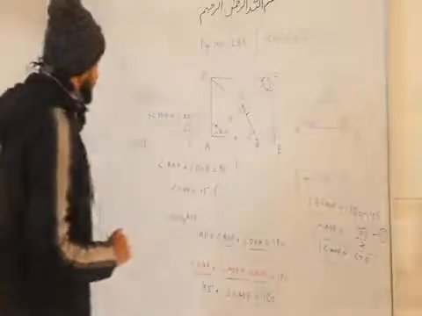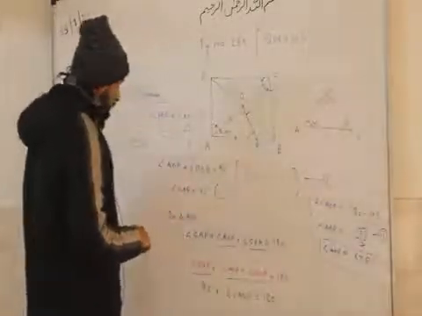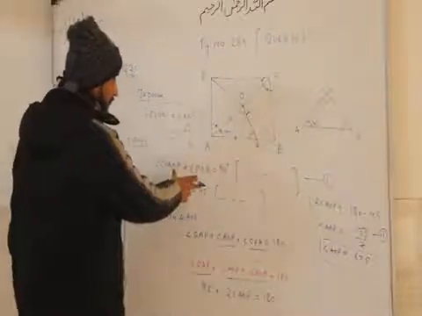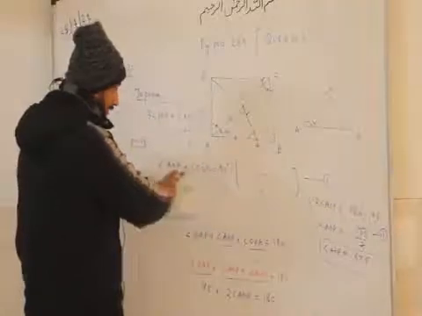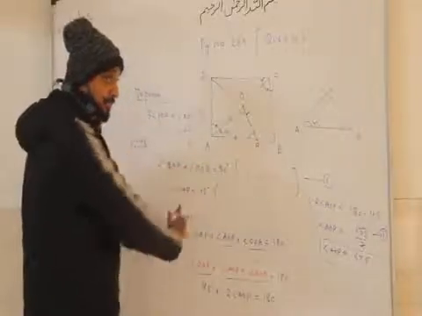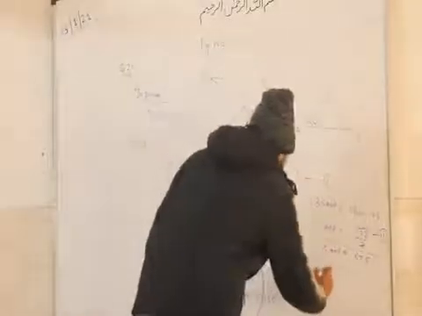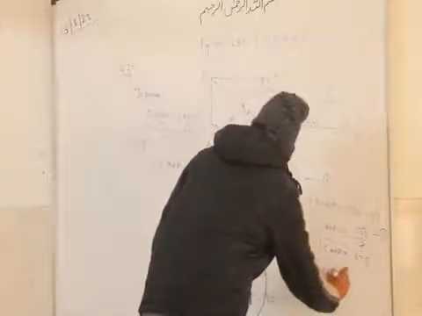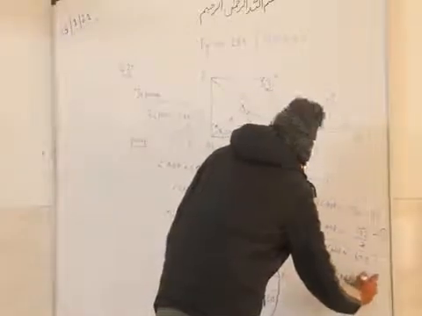AOP we have found. Now we have to find POB. So from this first equation we just put this value of AOP and we will find this POB. Now see that angle AOP plus POB is equal to 90 degrees.